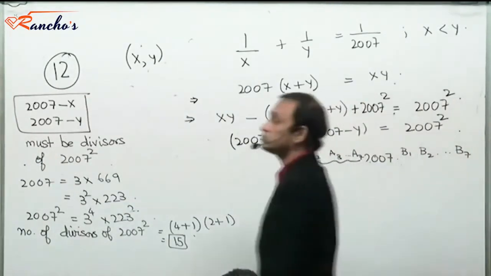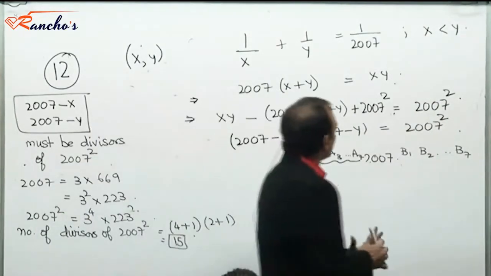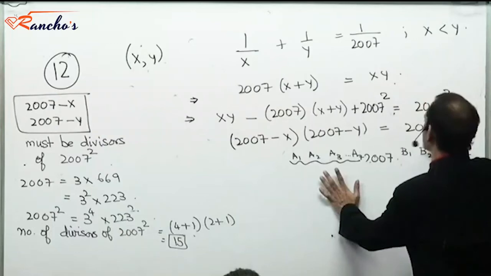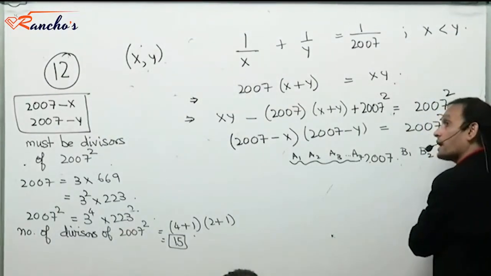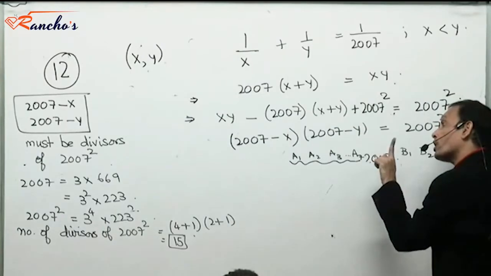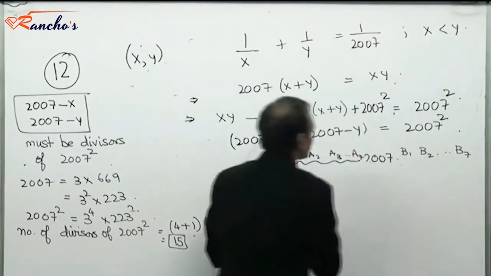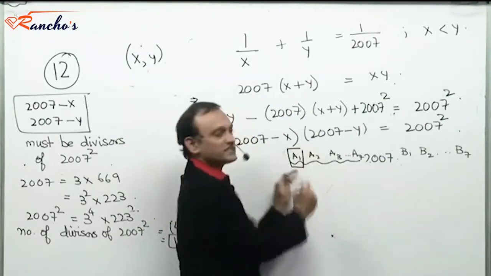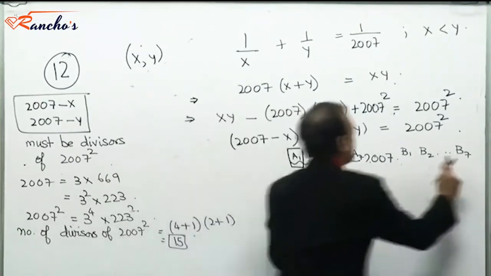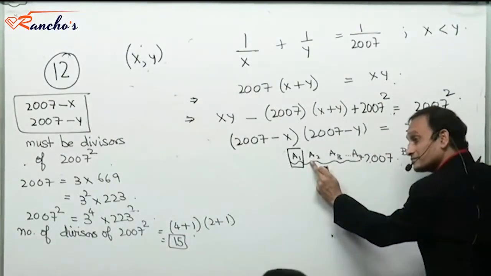Now I want to express 2007 squared as a product of unequal factors. I could have selected 1 as one factor and the product of the rest as the second one. That's one way.